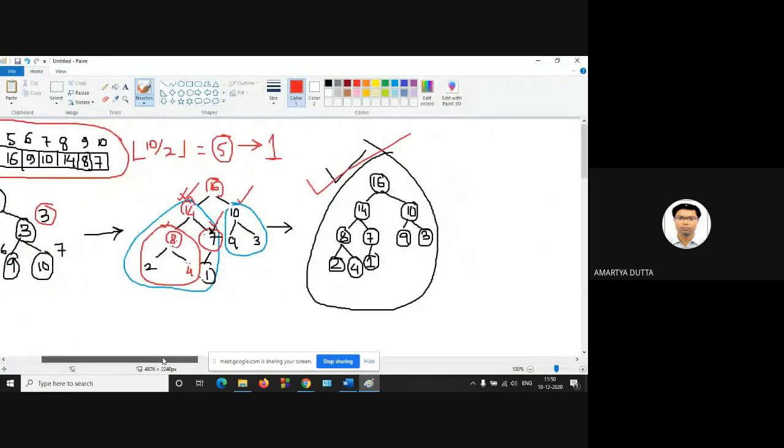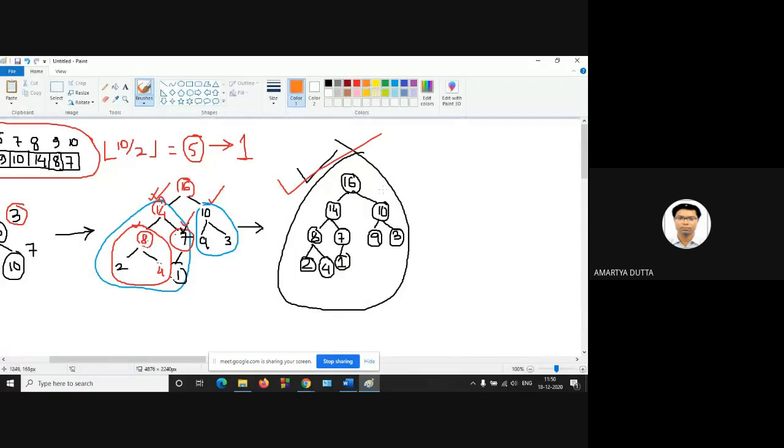So here, what are the indexes? This is 1, 2, 3, 4, 5, 6, 7, 8, 9, and the last one is 10. What is one additional question: what is the complexity for finding the maximum element from the max heap?